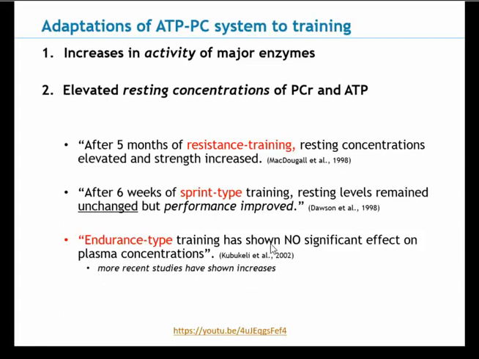You can see these studies are a little older; this study was in 2002, but more recent studies may show a slight increase in ATP and creatine phosphate resting levels. So elevations in resting concentrations are not necessary to enhance short-term high-intensity performance, because other adaptations may be occurring that increase our performance.